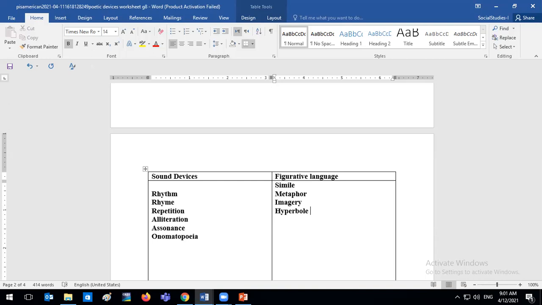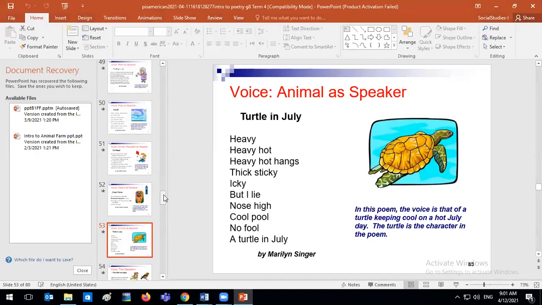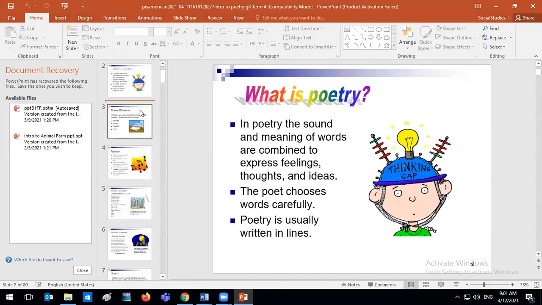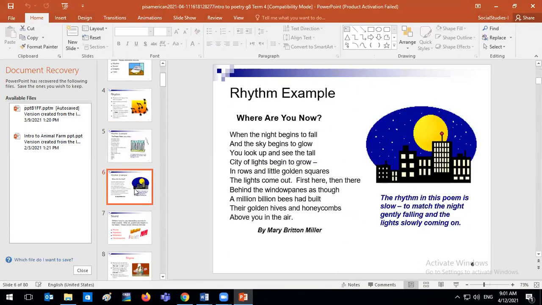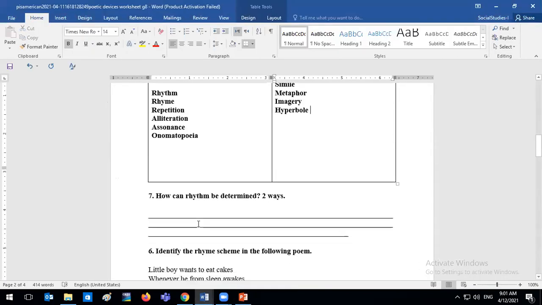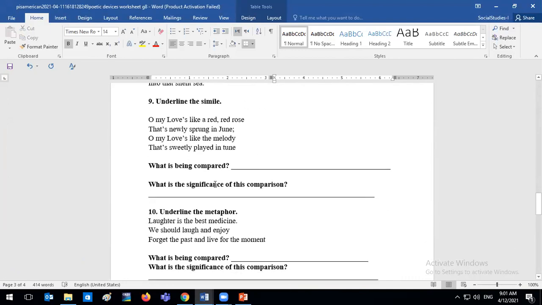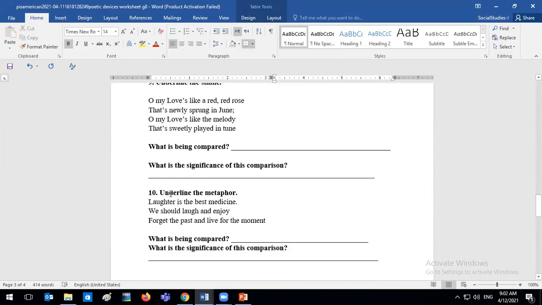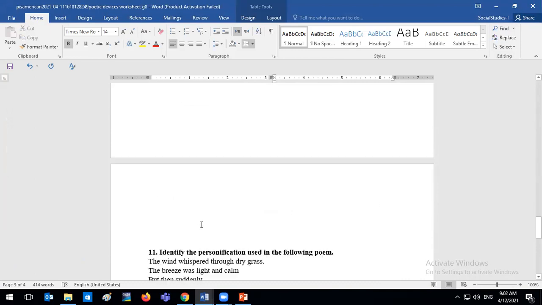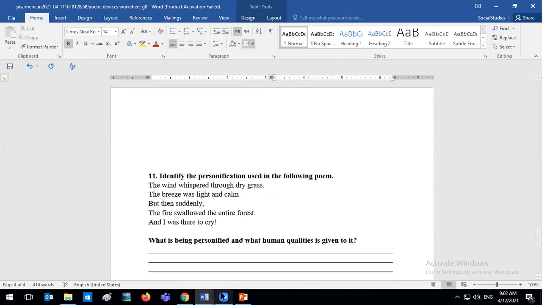Today we're going to take each figurative language and each sound device, and we're going to describe it using our PowerPoint. You can start doing that on your own until I create a video for it. You are also going to be required to answer these questions. These are examples of poems, and I ask you to underline the simile, the metaphor, and the personification.